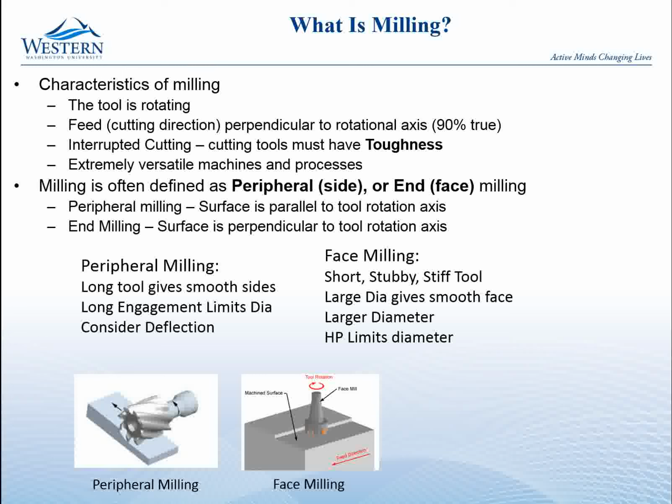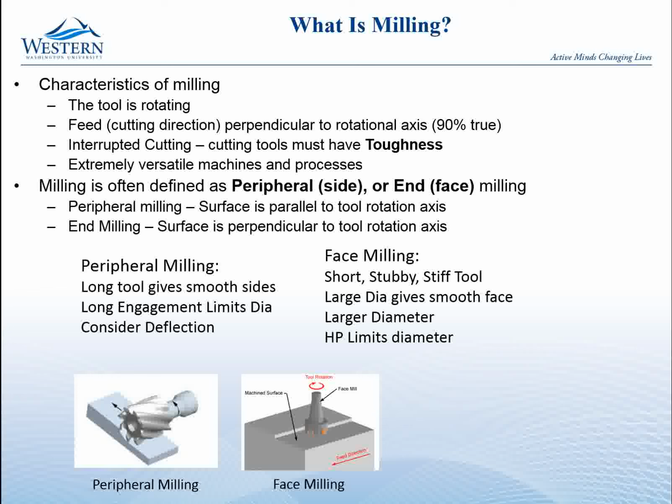Generally though, the horsepower of the machine, the power of the machine, limits the diameter that you can turn, because if you have the same amount of force and energy required to cut the material wherever the tooth of the tool is, if you're way out on a long radius, then the torque is too high and you can't turn it.